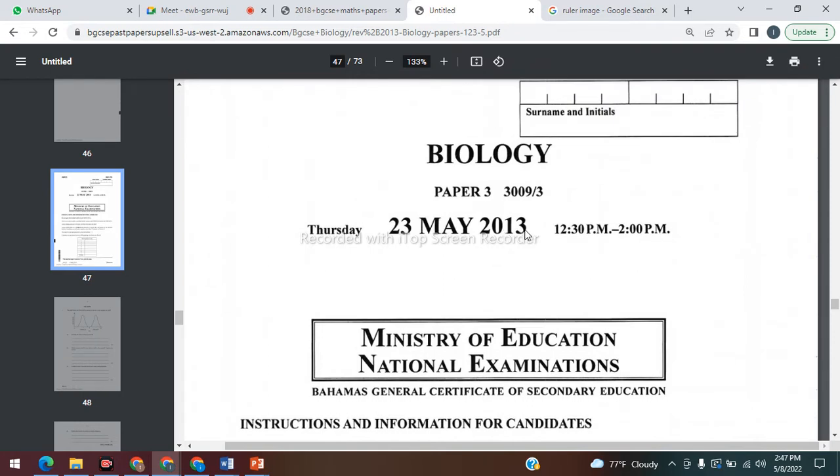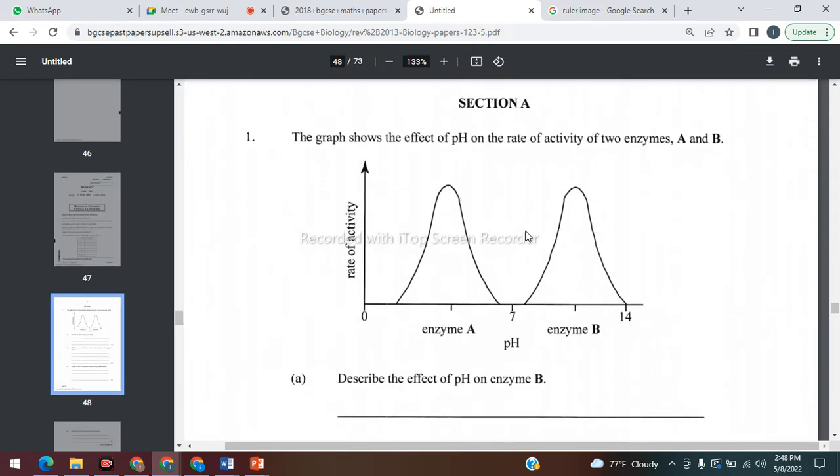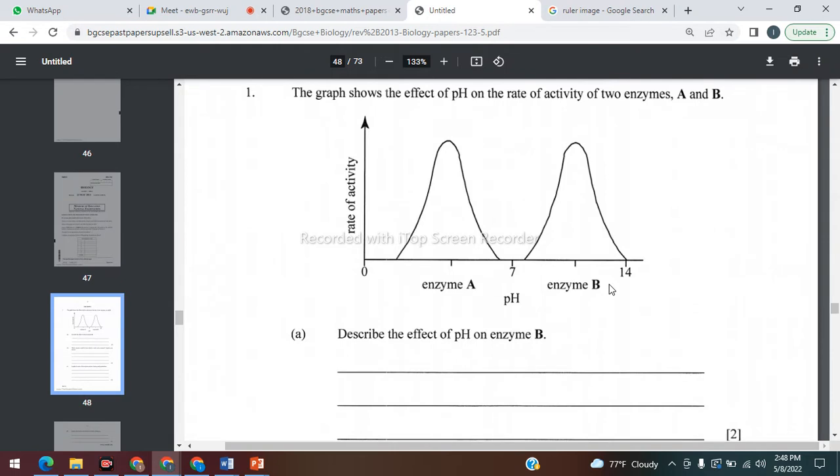Paper three, this is 2013. The first question that we look at says the graph shows the effect of pH on the rate of two enzymes A and B. The first question says describe the effect of pH on enzyme B. What I told Bethel is that the way we're going to do it is I'm first going to ask you how you would answer the question, and if you're right, then I affirm that.